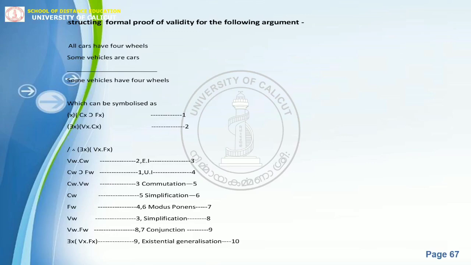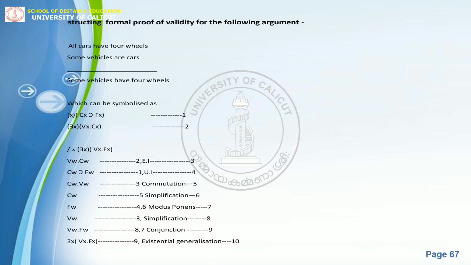Then Cw conjunction Vw, from 3 commutation, and we mark it as 5. Then we simplify and get Cw and mark it as 6. Then we get Fw, that is 4, 6 modus ponens, and mark it as 7. Then we again get Vw, that is 3 simplification, and mark it as 8. And finally there is a conjunction Vw conjunction Fw, that is 8, 7 conjunction, and mark it as 9.